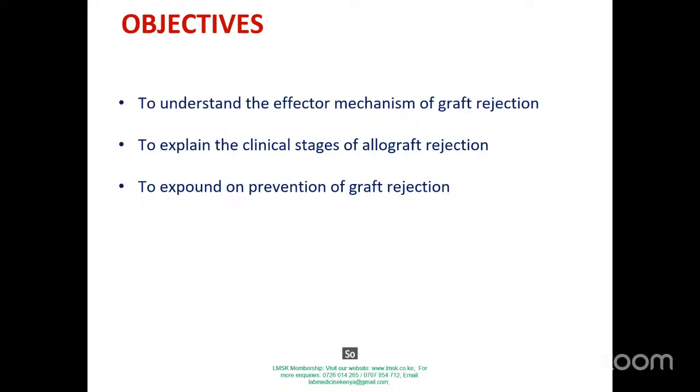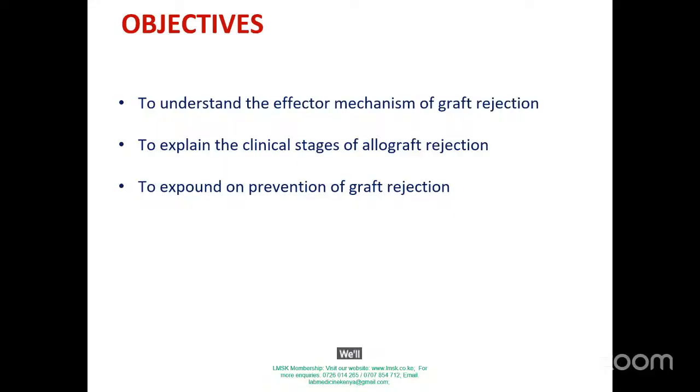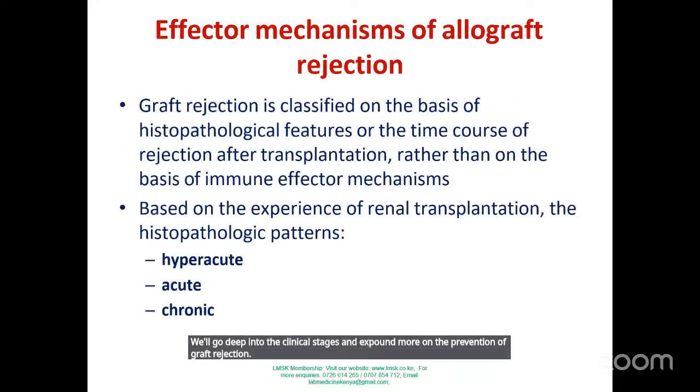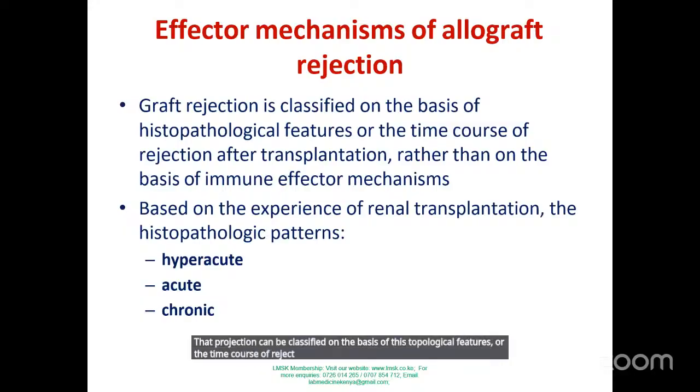The objectives of today's webinar are to understand the effector mechanism. As we have said, we'll go deep into the clinical stages and expound more on the prevention of graft rejection. Graft rejection can be classified on the basis of the histopathological features or the time course of rejection after the transplantation, rather than on the basis of the immune effector mechanism.